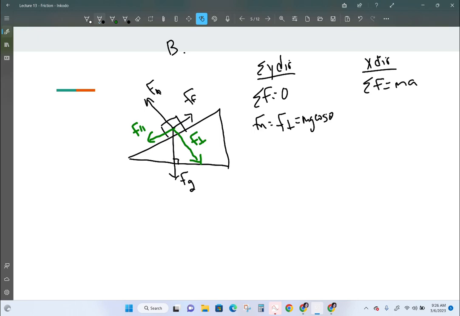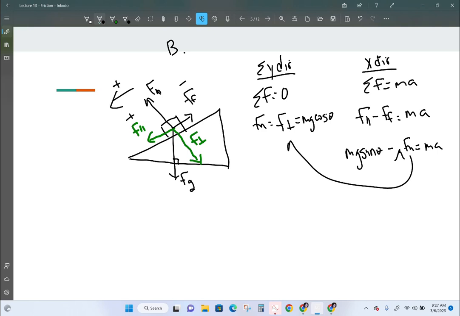We're just going to say the direction of motion is positive here. F parallel is positive, and FF is negative. So this would be F parallel minus the friction causes the mass to accelerate. F parallel is mg sine theta, and FF is mu Fn, equals ma, but in this case, Fn is F perpendicular.